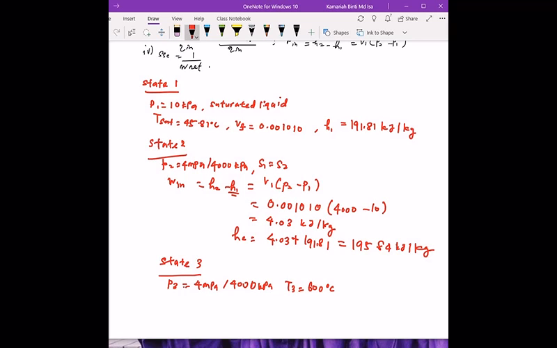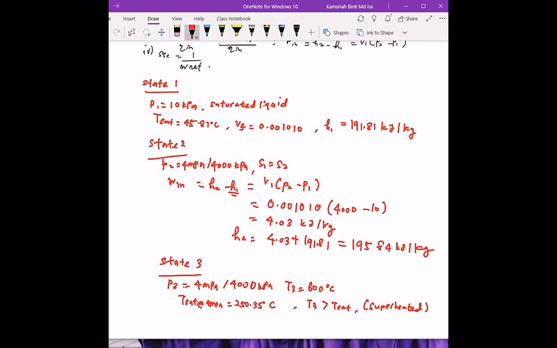From table A5, P3 is 4000, the T sat is 250.35, if I'm not mistaken. T sat at 4 megapascal is 250.35 degrees Celsius. So we find that T3 is bigger than T sat.